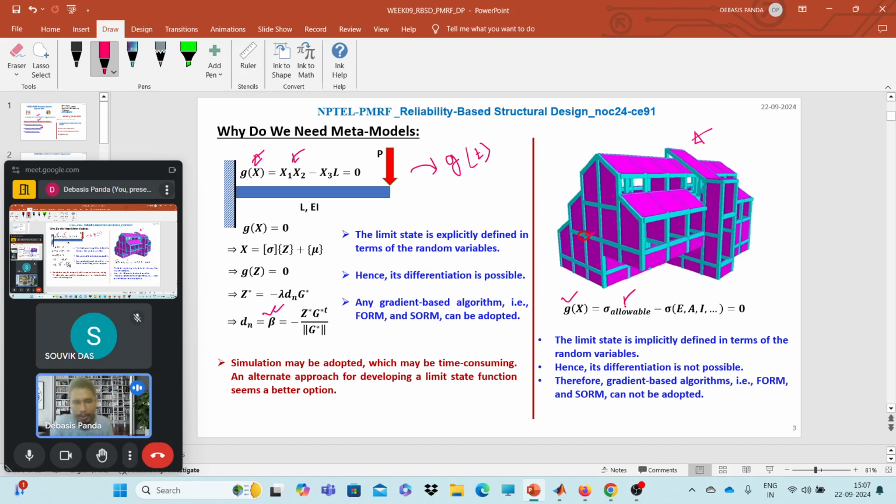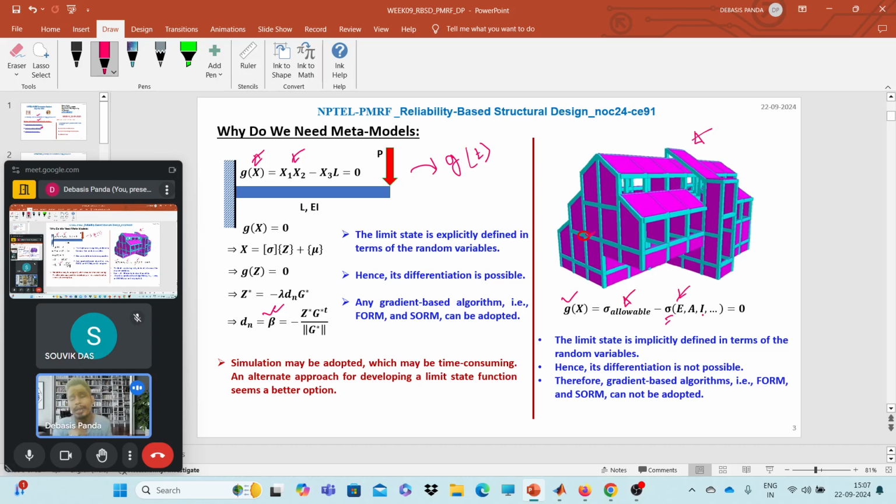The allowable value will come from the code or IS provision, or the standard you are looking at. This sigma may be a function of E, A, I, but it is not explicitly defined with respect to these terms.